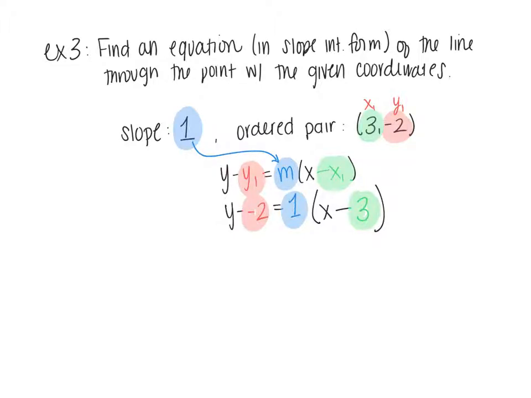Now negative 2, right over here on the left, that's going to turn into plus 2. So I'll have y plus 2 equals 1 times x minus 3. Now the directions say to get it into slope-intercept form. So slope-intercept form means get y by itself, so I'm going to subtract 2.